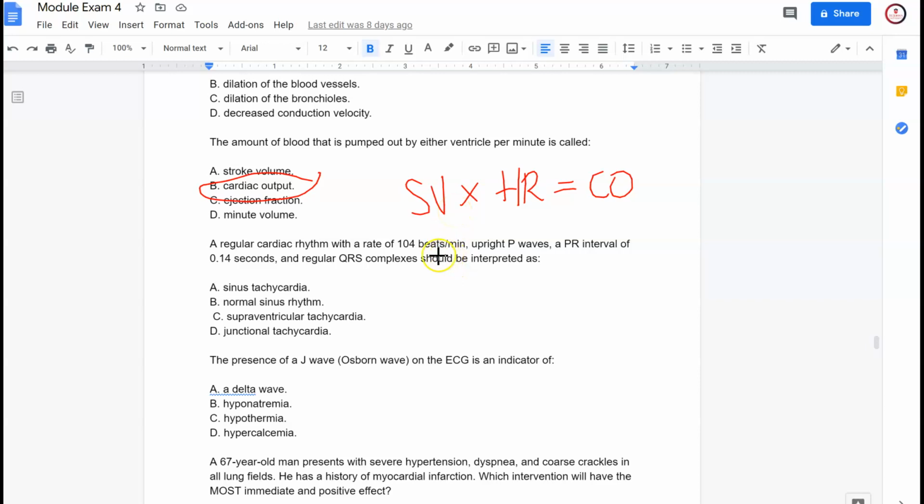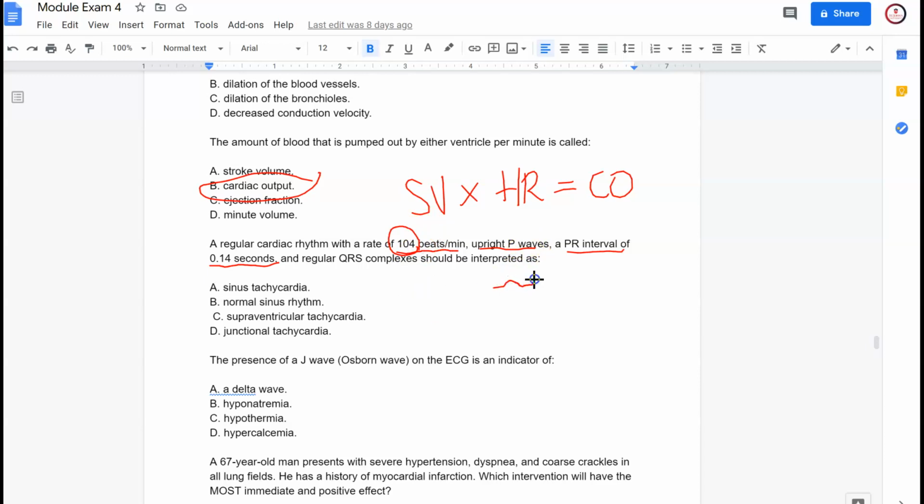A regular cardiac rhythm with a rate of 104, upright P waves, a PR interval of 0.14 seconds, and a regular QRS should be interpreted as what? So automatically it's a tachycardia because it's over 100. P waves are upright, that's good.